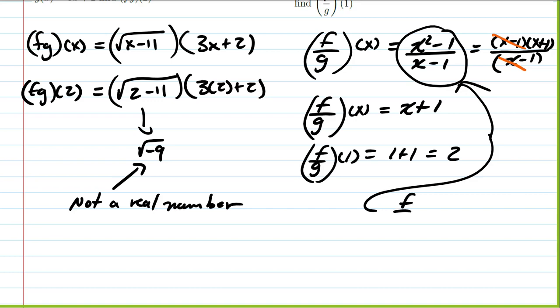So f divided by g is undefined at x equals 1. So we have to be a little careful when we're looking at these problems, and make sure that we don't simplify too much before we attempt to work these.